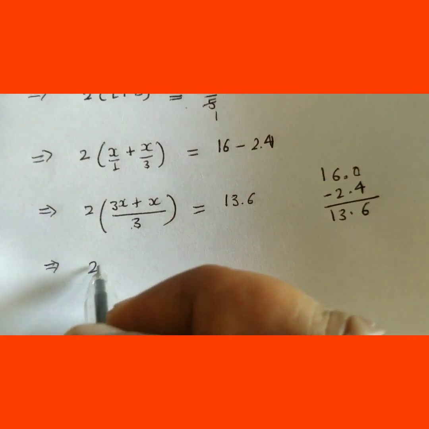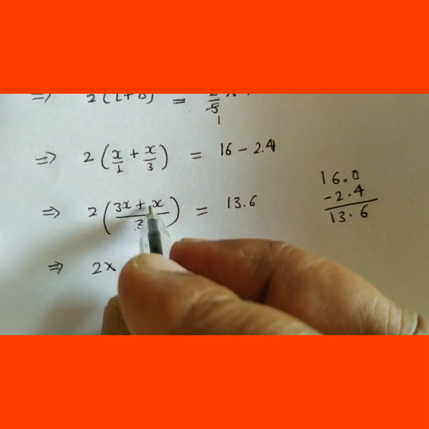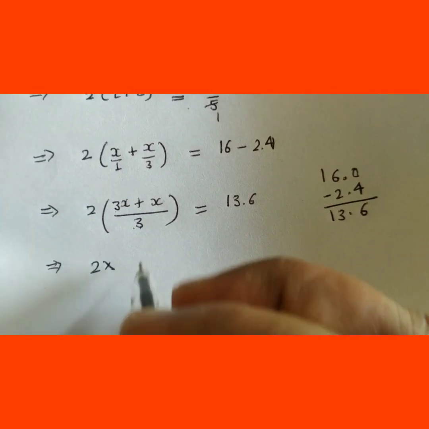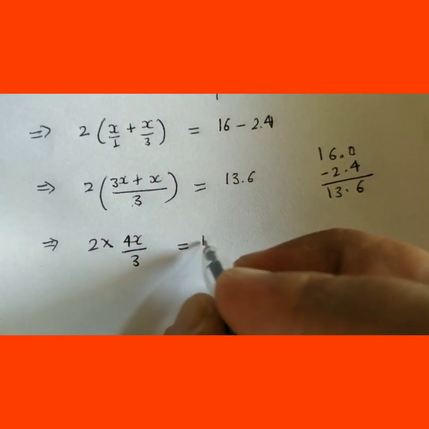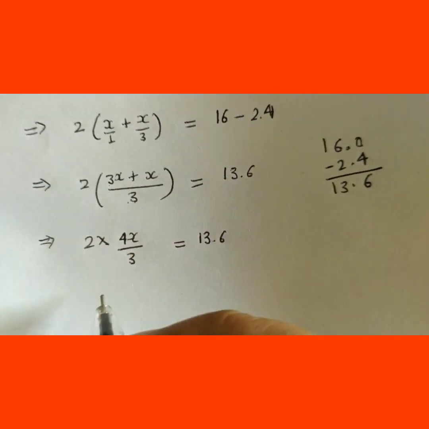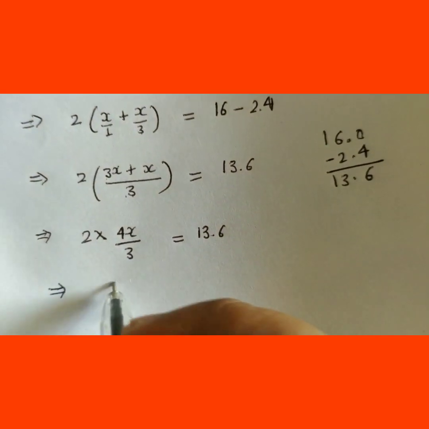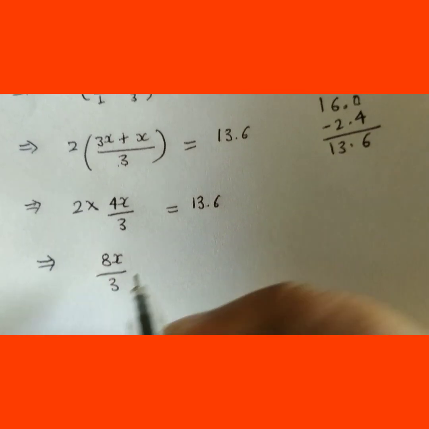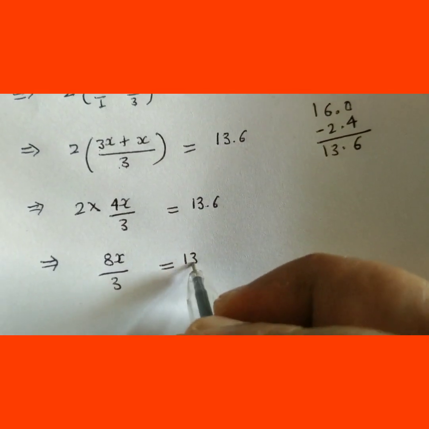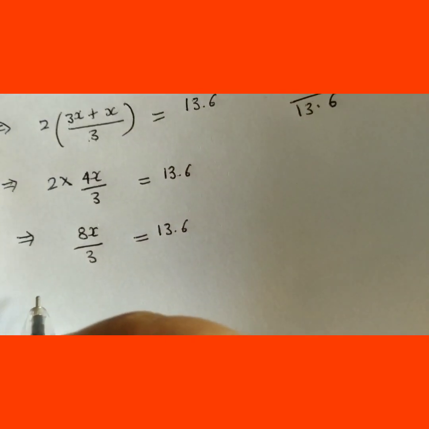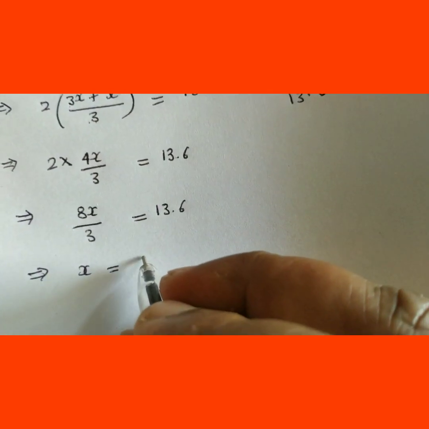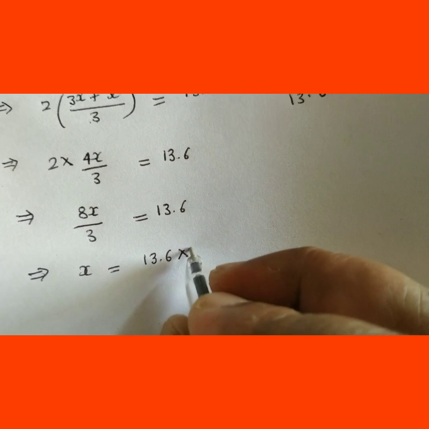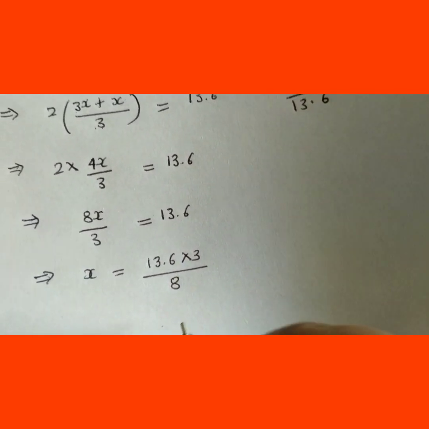That implies 2 multiply 3x plus 1x, here 1 is hidden, 3 plus 1, 4x divided by 3 is equal to 13.6. That implies 2 4 8x divided by 3 is equal to 13.6. That implies x is equal to 13.6 multiply 3 divided by 8.